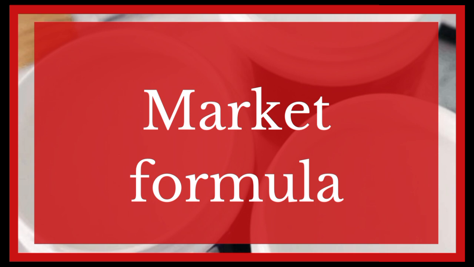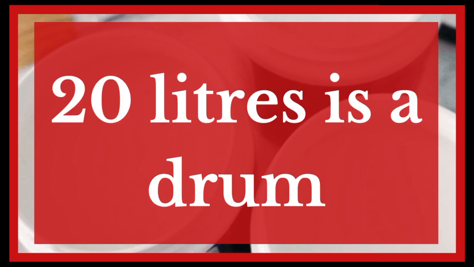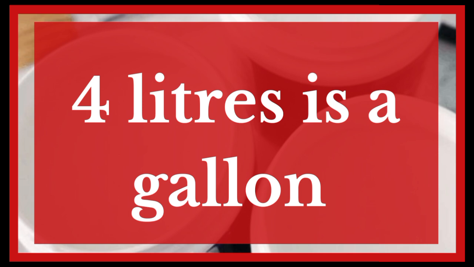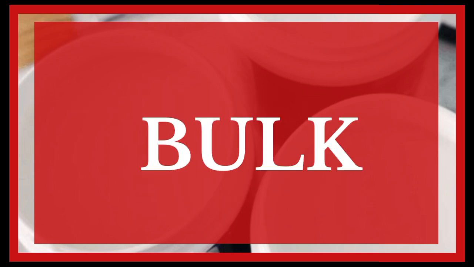Our main focus is 20 liters, which is called a drum, while 4 liters or 5 liters are called gallons. So let's say that you're going to produce up to 50 to 100 buckets of satin, and you want to sell it for 50,000 naira.